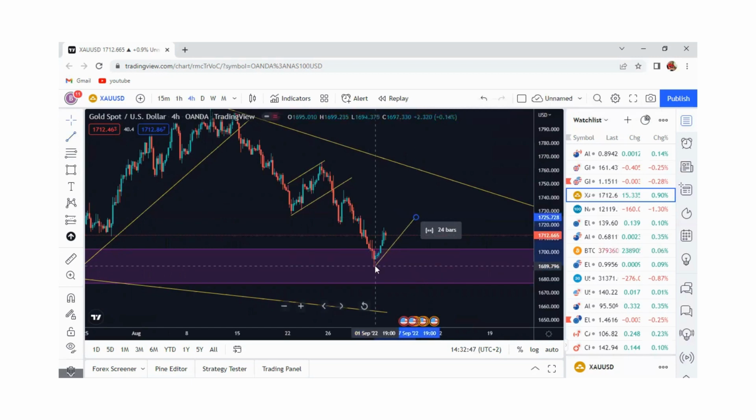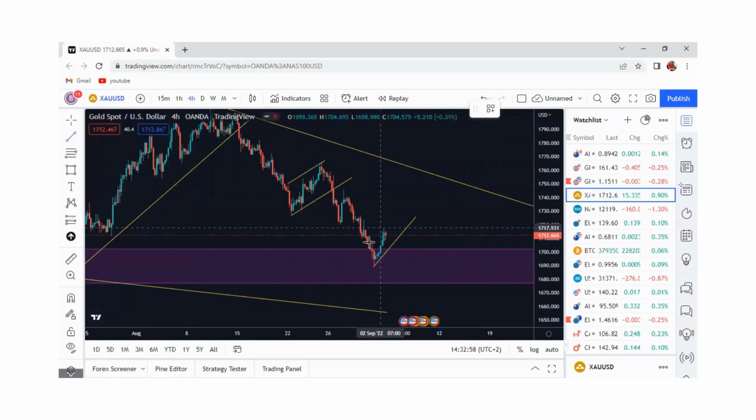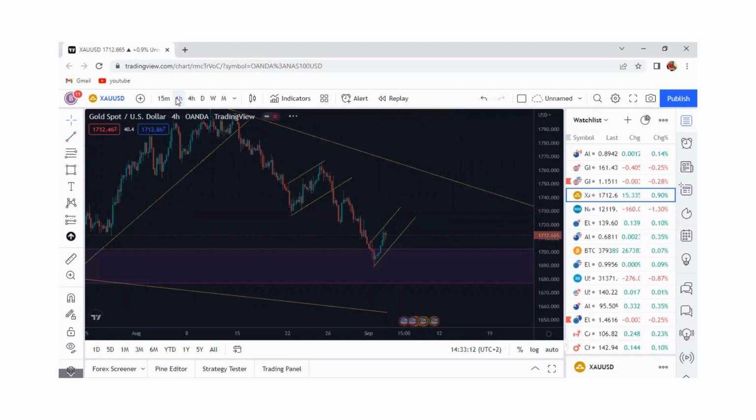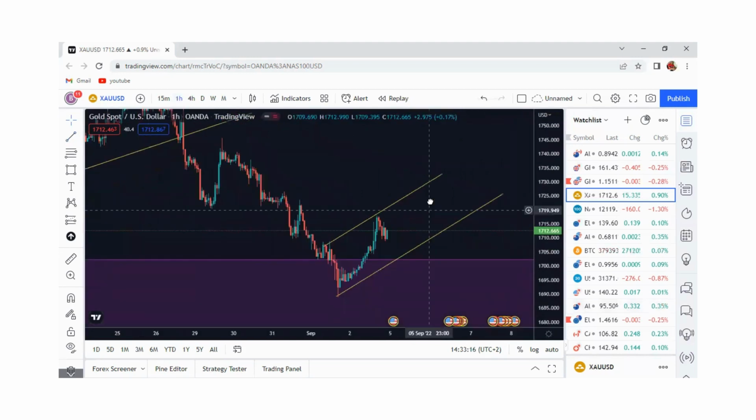Then I know when we get another reversal pattern, we're still going to get ready to sell this trade. That's what I was thinking. But we'll go down to smaller time frame just to see what's happening, because let's just go to the 1 hour so I can see if there's anything happening.